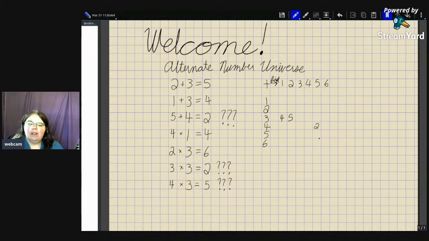Weird. Okay. Now we can do the same thing with multiplication. So again, so far we've seen that there is such a thing as 1, 2, 3, 4, 5, and 6 in this alternate number universe. And again, this direction will be the first of the two numbers.